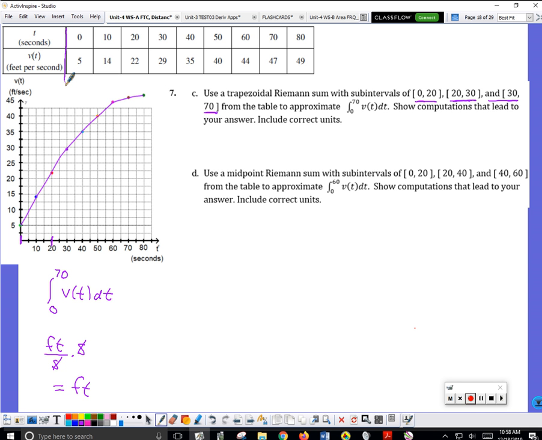And the error they're making is they draw lines like that on the table. We want to start at time 0 and go to time 20. Then we want to go from time 20 to 30. Then we want to go from 30 to 70.